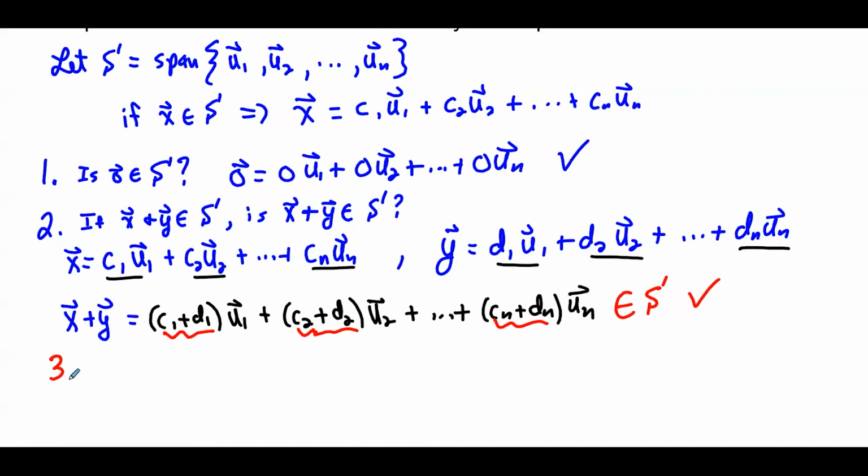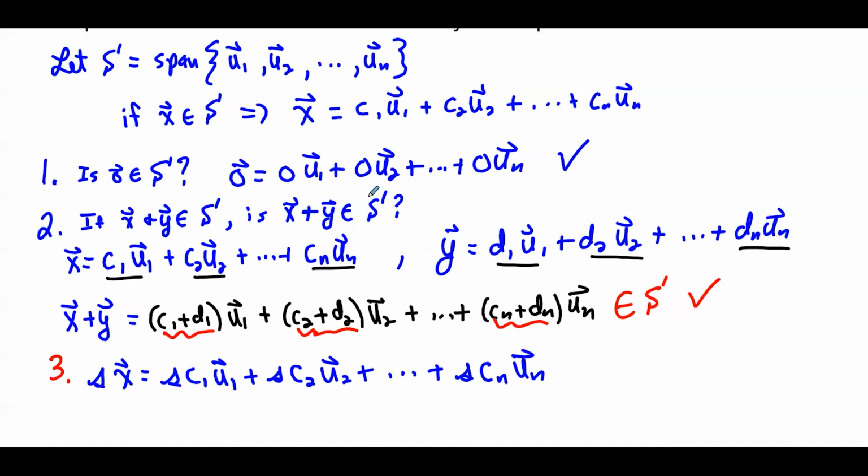All right, what about scalar multiplication? If I multiply S times X, what do I get? Well, that's S times C1, U1 plus S times C2, U2, and so forth until I get to the end, S times C sub n, U sub n. And these S times C's are just two constants multiplied together.